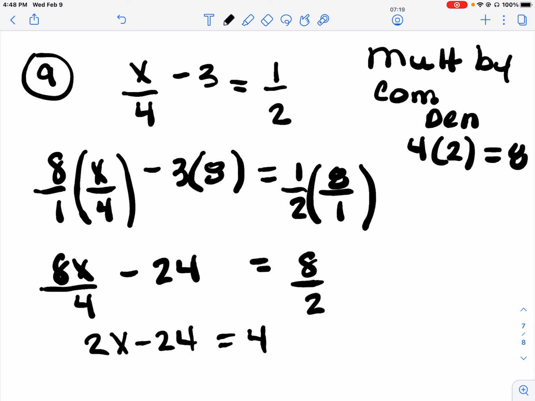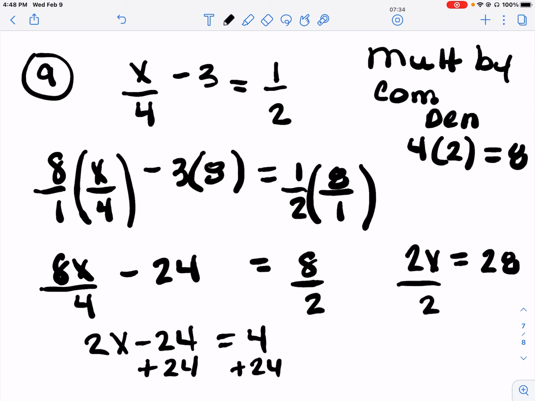On the right, 8 divided by 2 is 4. Okay, I'm going to add 24. So I get 2x equals 28. Divide. X equals 14.